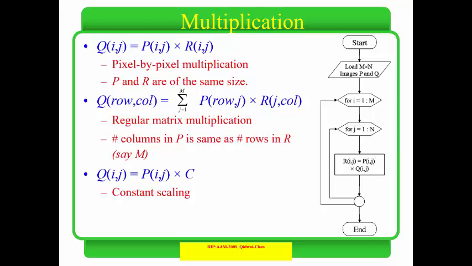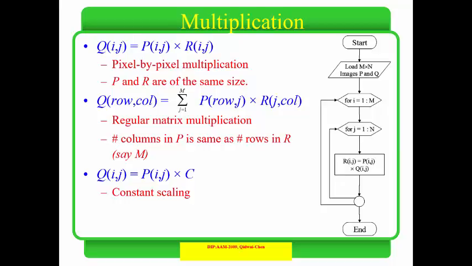The second one is the normal multiplication of matrices that we are used to. You remember this? The other one here is pixel by pixel, element by element. So for example, let's say I have a matrix P and a matrix R. If I want to make pixel by pixel multiplication and this one has the dimension of 3 by 2, this one should also have the dimension of 3 by 2.